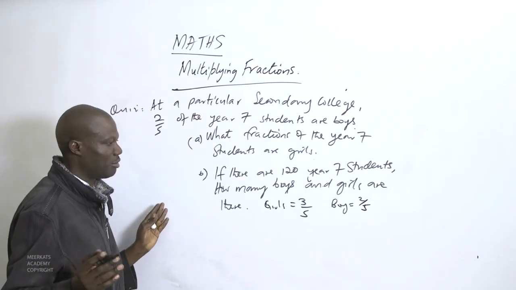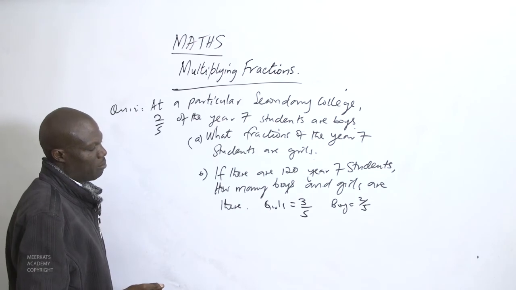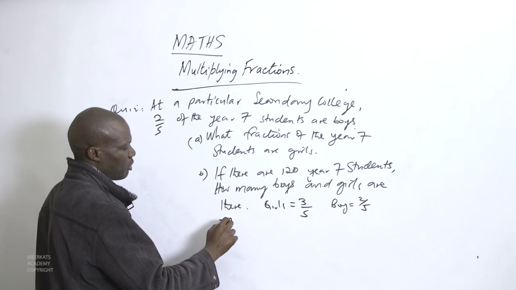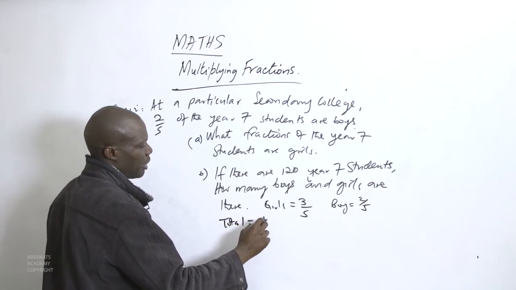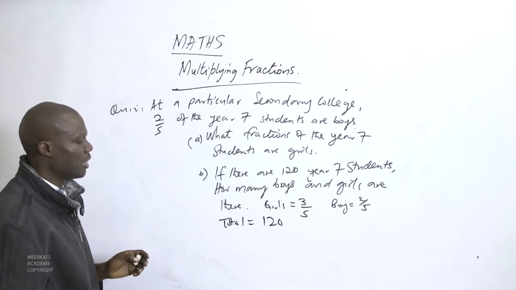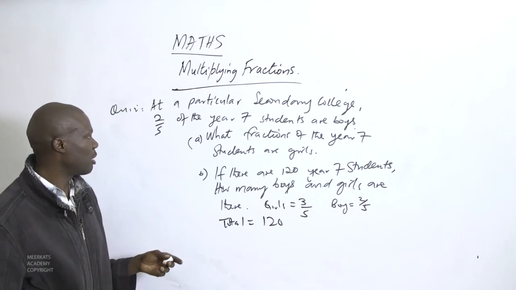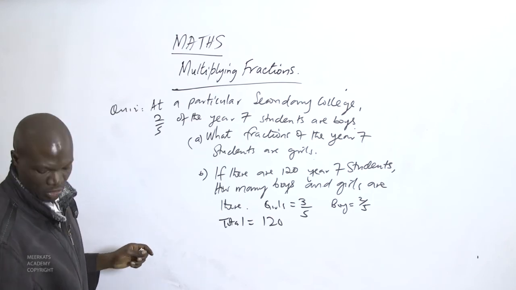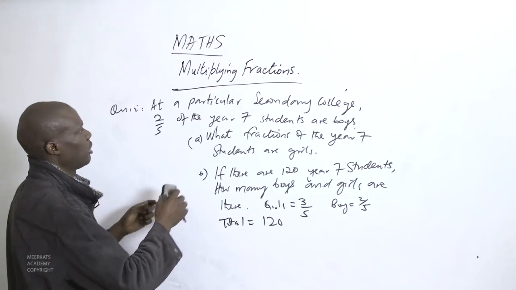That is what we have. If the total is 120 students in that class, then it's very simple for us to get the value that we require for both girls and boys. Let's see how we shall approach it.